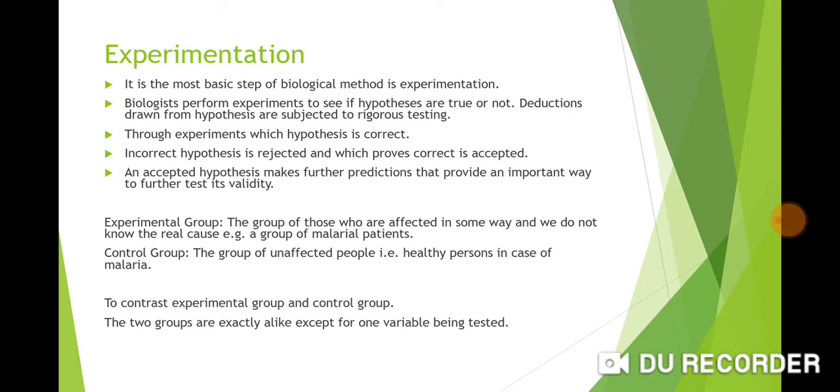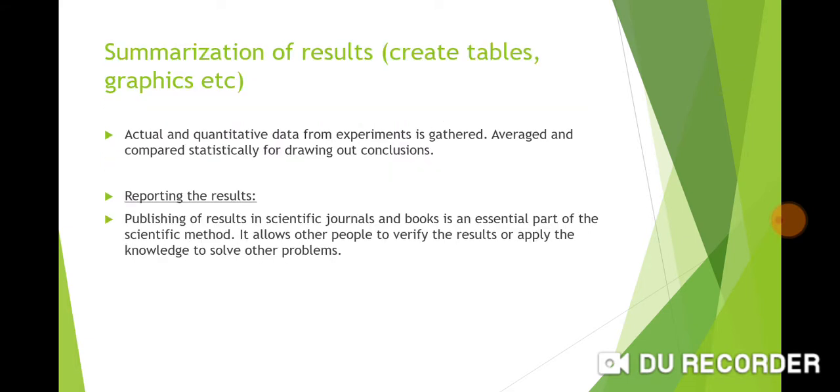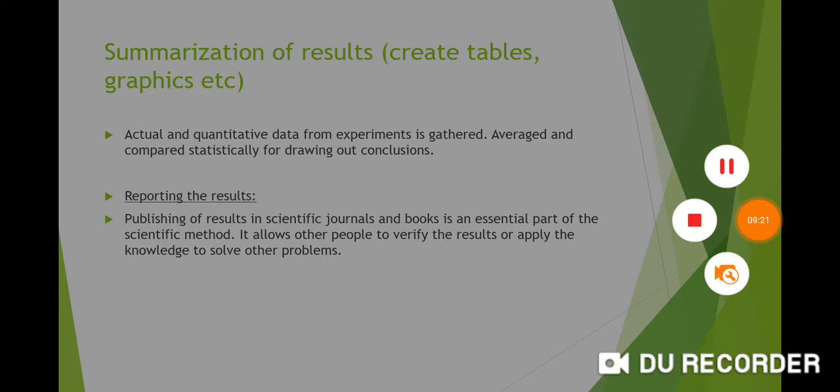So the control group runs with the experimental group, so that we can contrast our ideas, we can compare the results, and only one variable out of both is different, so that we can test that variable in both the experiments.